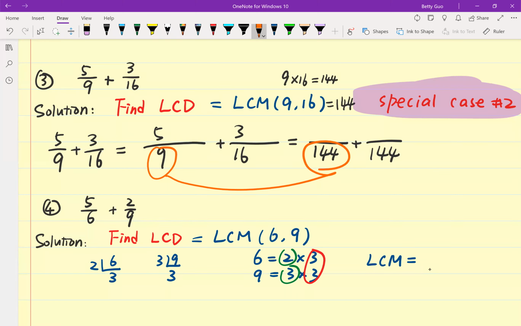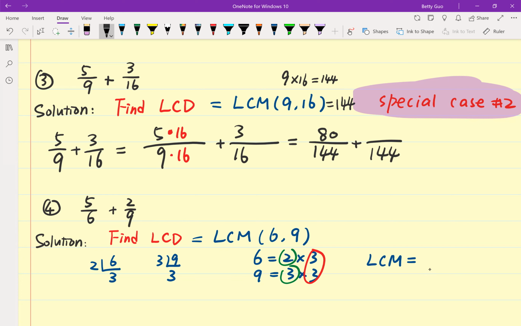Which factor is missing? 9 times which number gives you 144? 16. So we multiply both top and bottom by 16, like this. So we have 144 on the bottom. What is 5 times 16? 80.